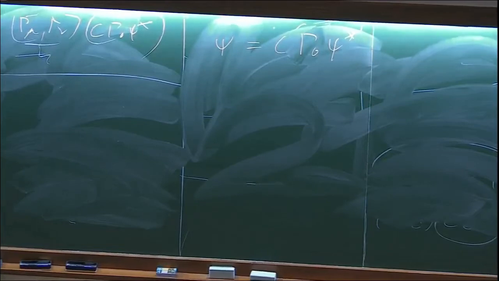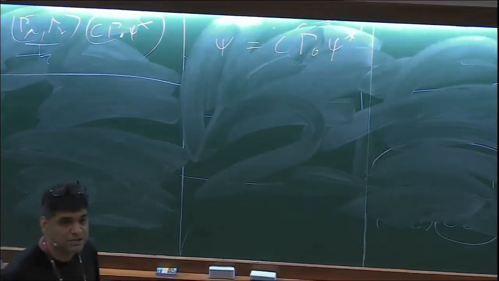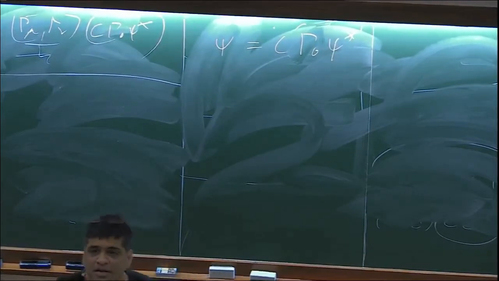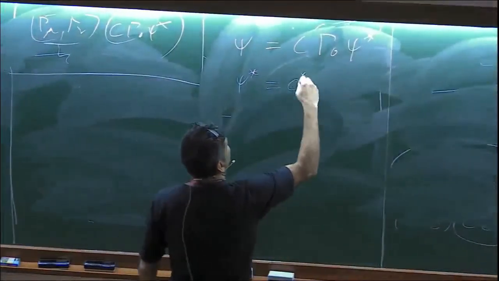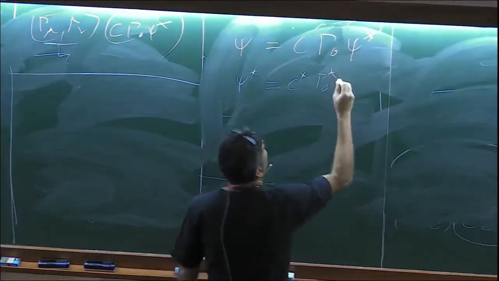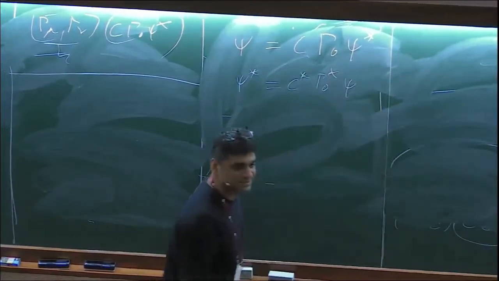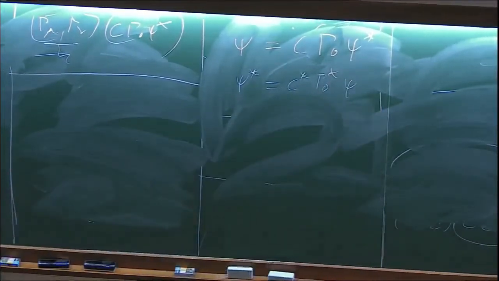Under SO, this SOD, whatever. Is this clear? So this is the putative thing that we're going to try to impose. But now we'll take the star of this. So that's C star gamma 0 star psi. But let's look here. Gamma 0 was real in our basis.